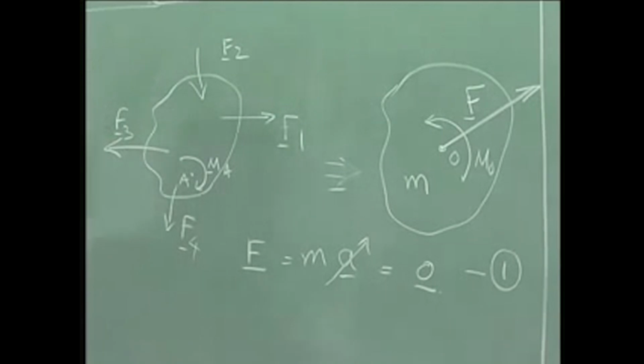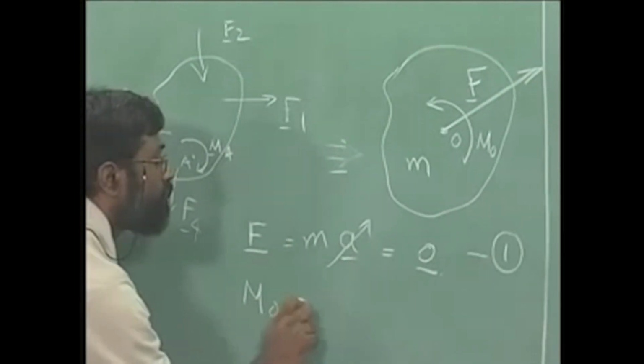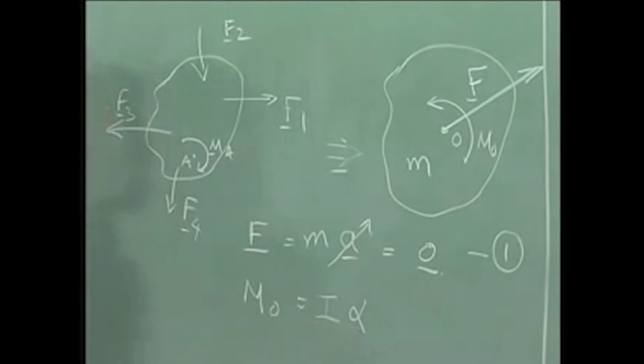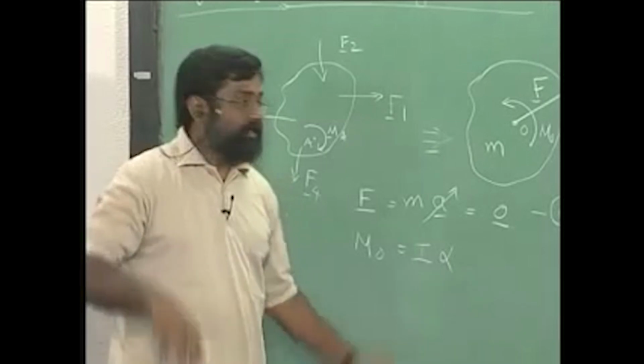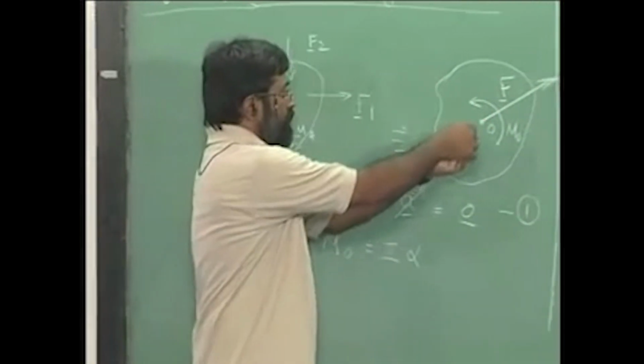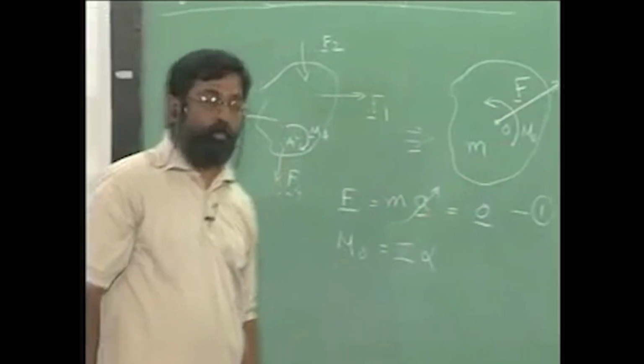The other equation has to do with the moment equal to I times alpha, where alpha is the angular acceleration of this rigid body. I am just writing it as a scalar, but it is something that is about an axis that is perpendicular to the board.